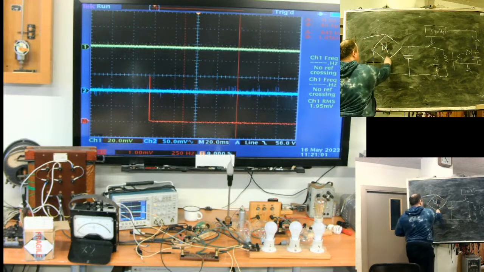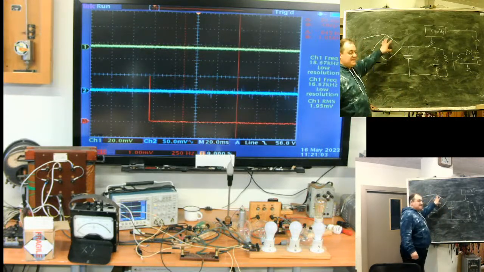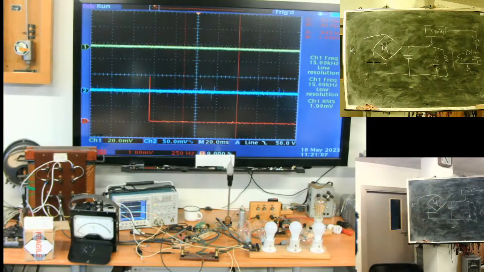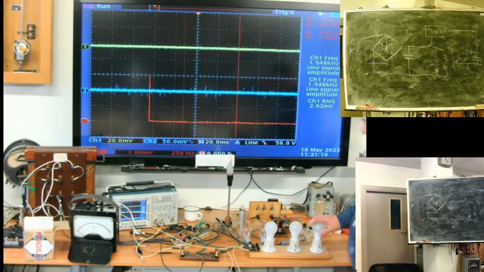All modern loads have a DC stage at the input. This box has a DC stage at input.